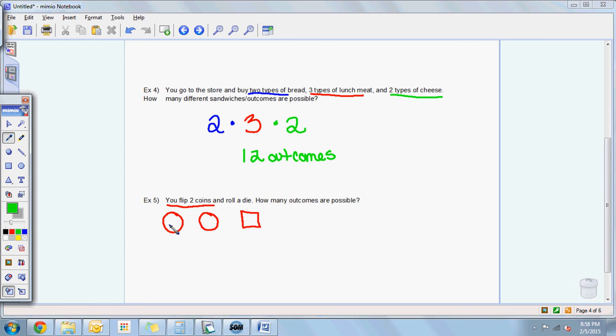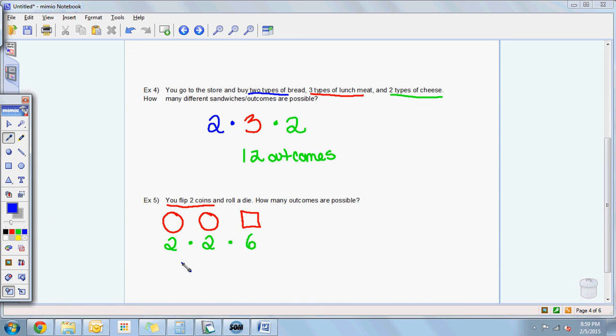So on the 2 coins, I have 2 possible outcomes, heads or tails, times 2 different outcomes on this coin, times, it's a regular die, so there's 6 different options on that die. So it's really important to list out how many different outcomes you can get on each, okay?